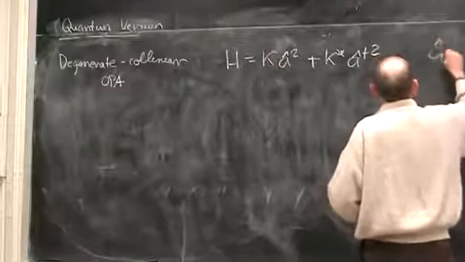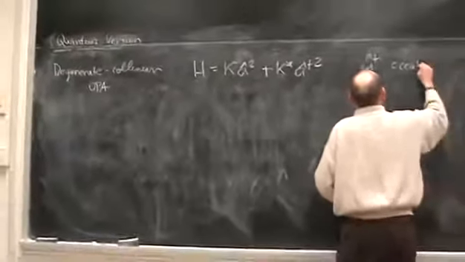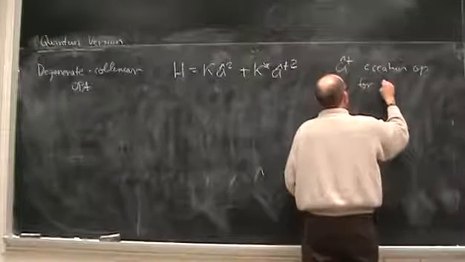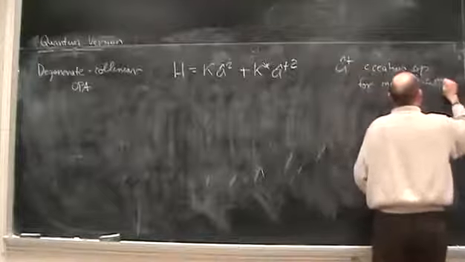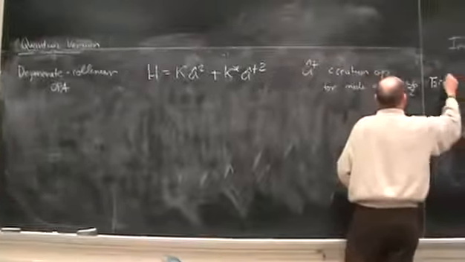So A dagger is the creation operator for the mode at omega, which is half the pump. K is half the pump.